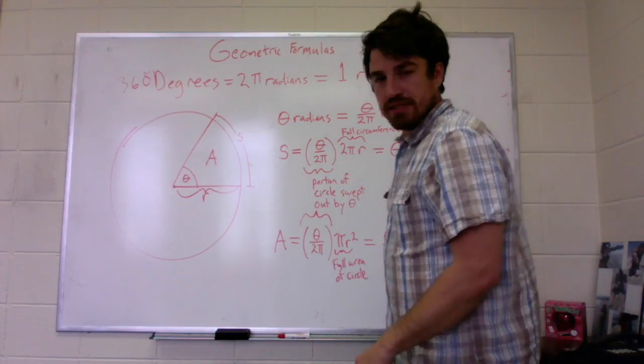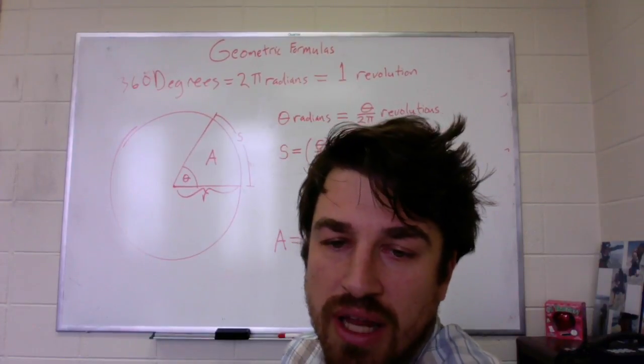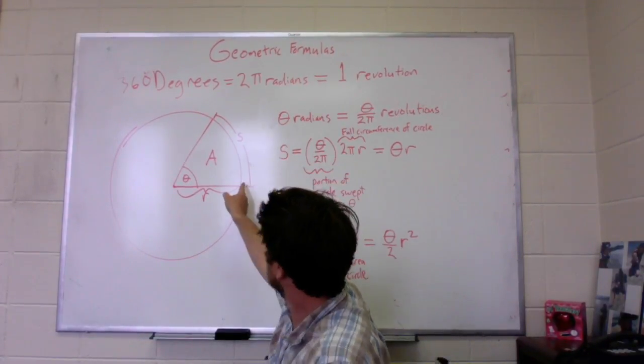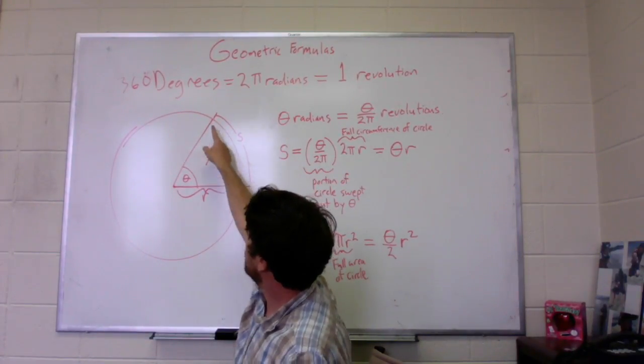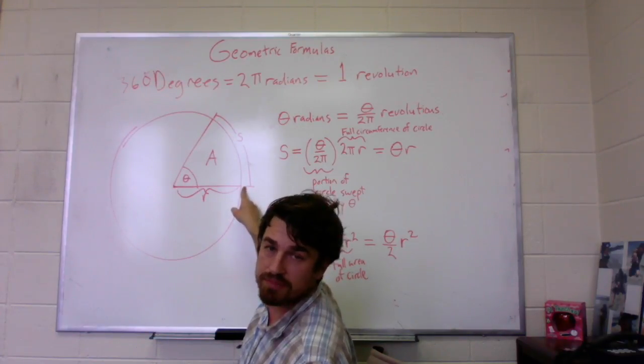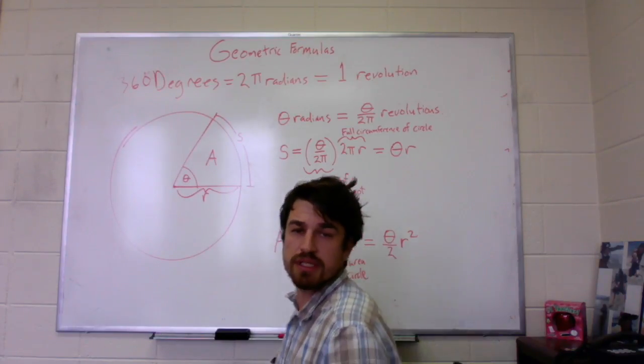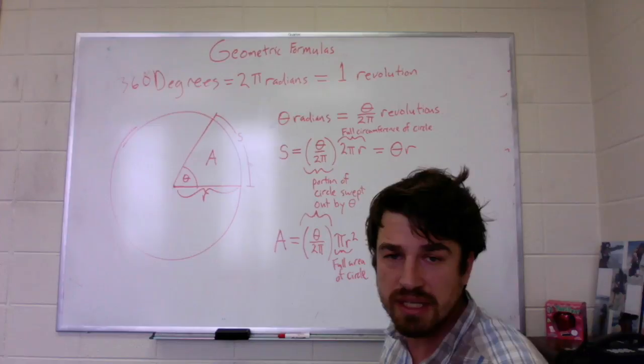That being the case, I can now easily compute both the arc length of the portion of the circumference which is cut out by an angle theta, and I can also figure out the area of a sector. The basic idea is this.